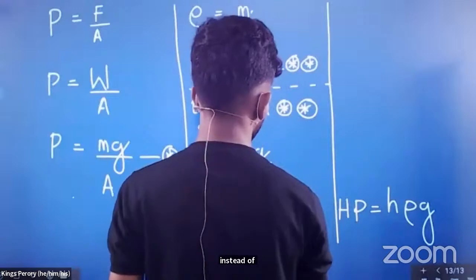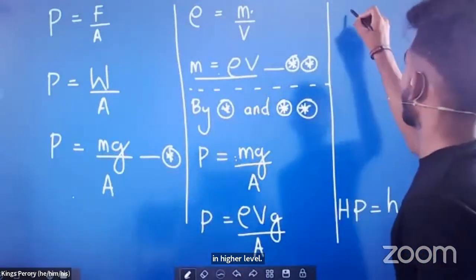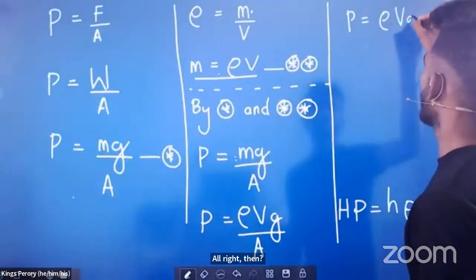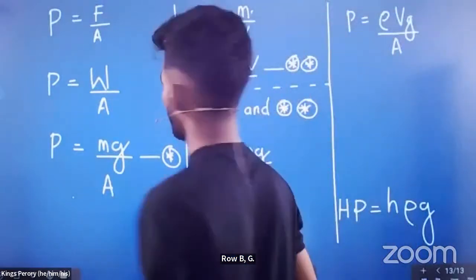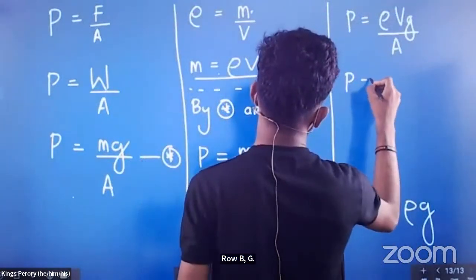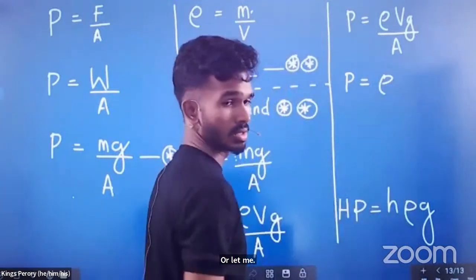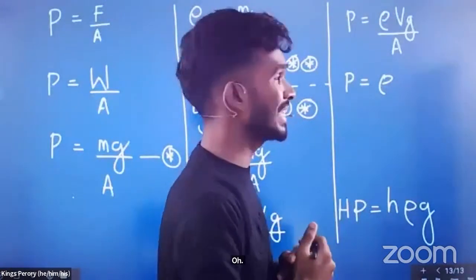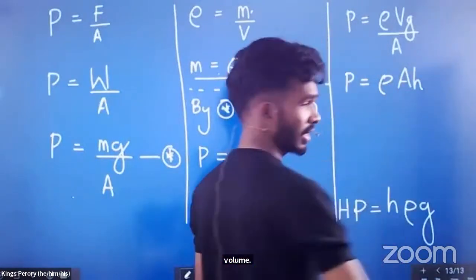Taking this one more step ahead. P equal rho V g over A. One more step ahead. Rho, and volume I can split and write. Area into height.